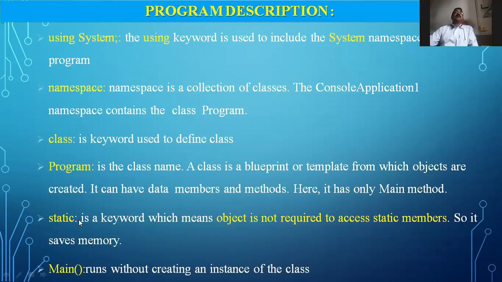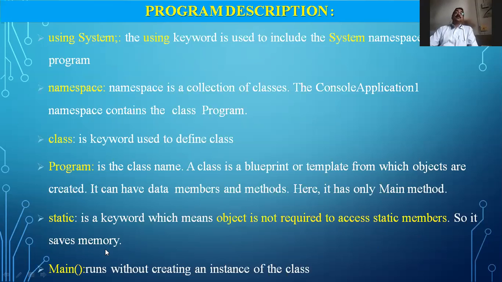So why is static written? It is a keyword which means that an object is not required to access static members. Whichever objects are written in that program, they are not required to access the static members. So it saves our memory.